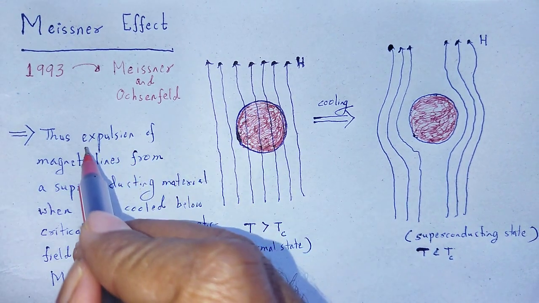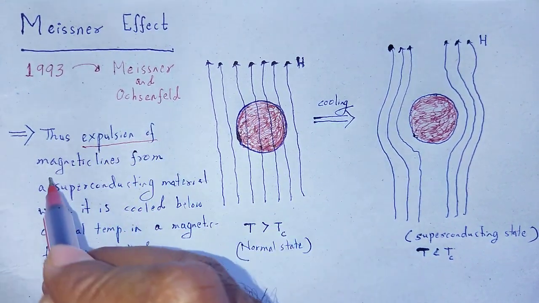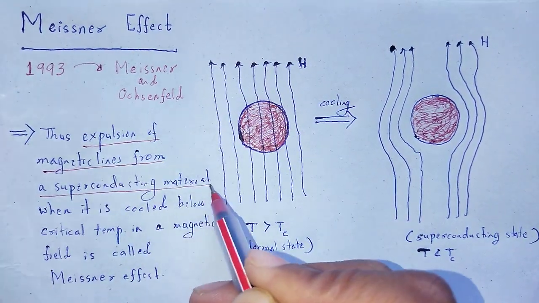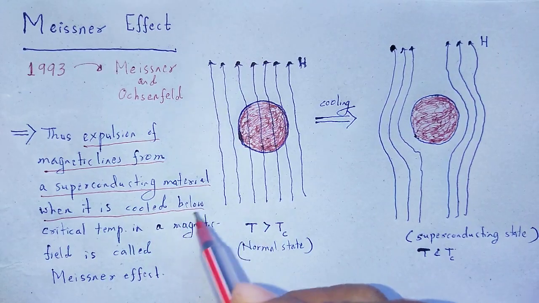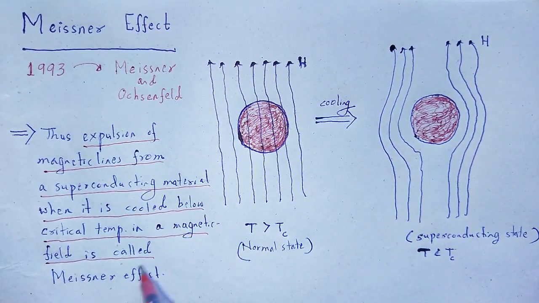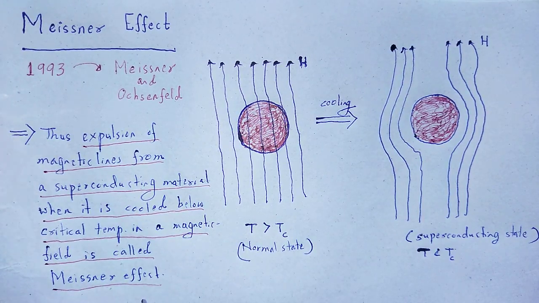That is, the expulsion of magnetic lines from a superconducting material when it is cooled below the critical temperature in a magnetic field is called the Meissner effect.